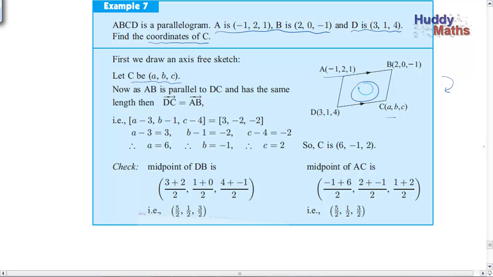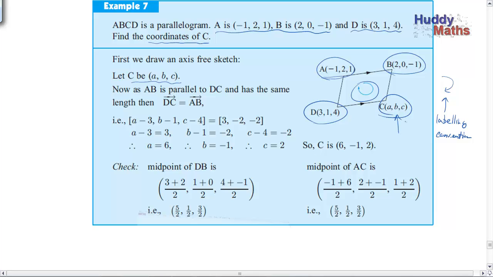You could go anti-clockwise in this case, but the convention is clockwise labelling around the figure and not going across the figure. So it's got to be A, then B, then C, then D. This is our convention, so we don't get confused with what we're talking about. It makes a difference otherwise. Okay, so there's our figure, and we've got to determine point C.